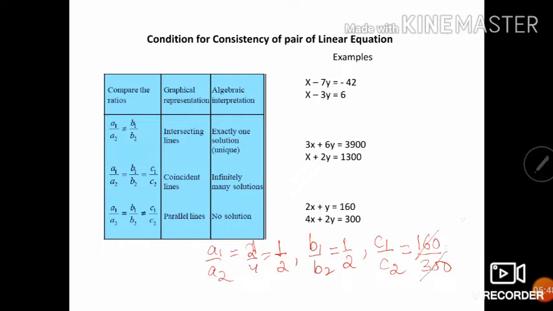On reducing, c1 upon c2 will become 8 on 15. So you can see that in this third example, the ratios a1 upon a2 is equal to b1 upon b2 but not equal to c1 upon c2, and we plotted these equations on the graph. They gave us parallel lines and no solution.